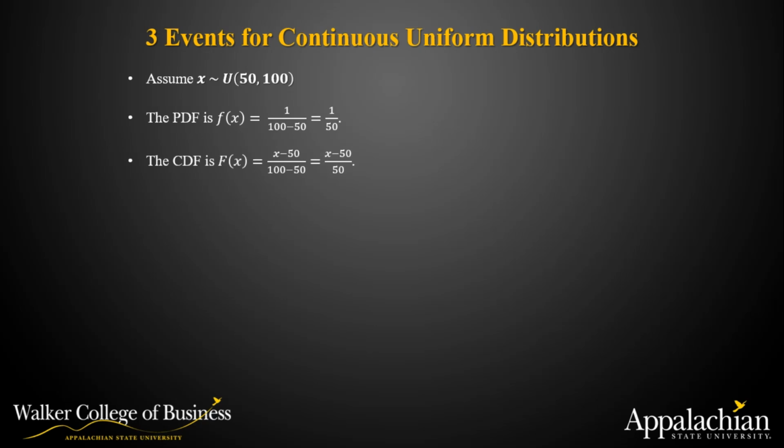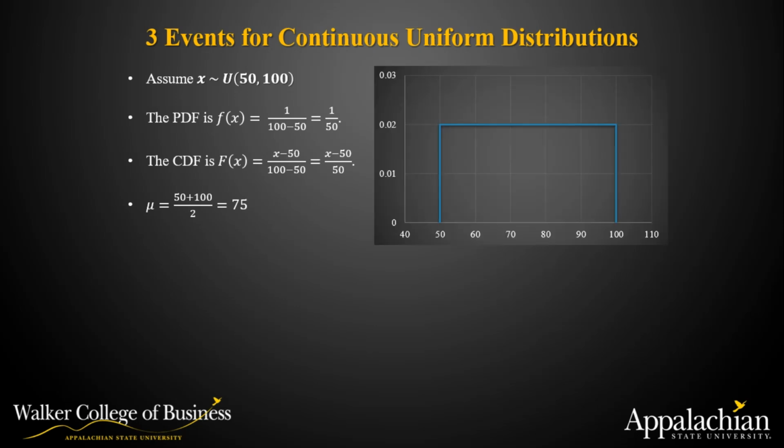And the CDF, capital F of x, is going to equal x minus 50 over 100 minus 50, which is equal to x minus 50 over 50. And the mean for this distribution is going to be the midpoint between 50 and 100, which is equal to 75. So here we see a graphical representation of the PDF. The height is 1 over 50, or 0.02, over the range 50 to 100.